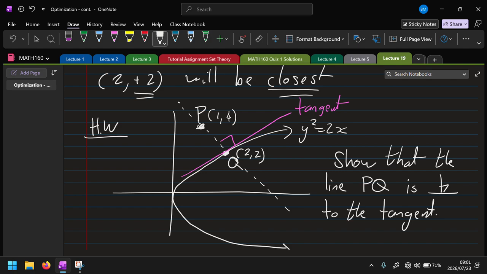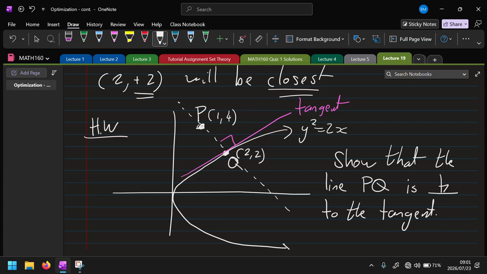Okay. So you pick any curve, you pick any point. If you want to find the shortest distance from the point to the curve, it will be along the normal line. So knowing this now, it makes it a lot easier to solve other problems. Because if I give you a much more complicated curve, and I say find the shortest distance, that is equivalent to finding the normal line.